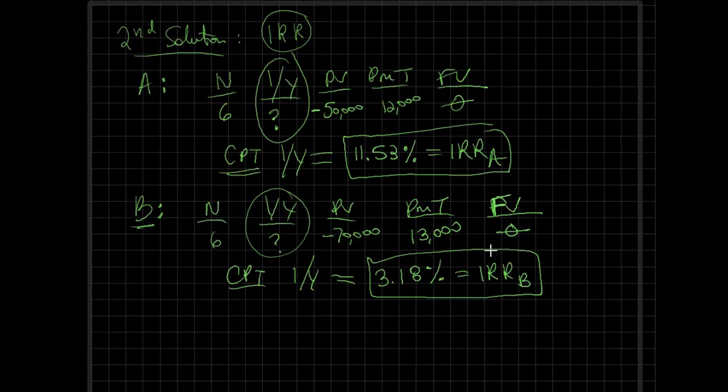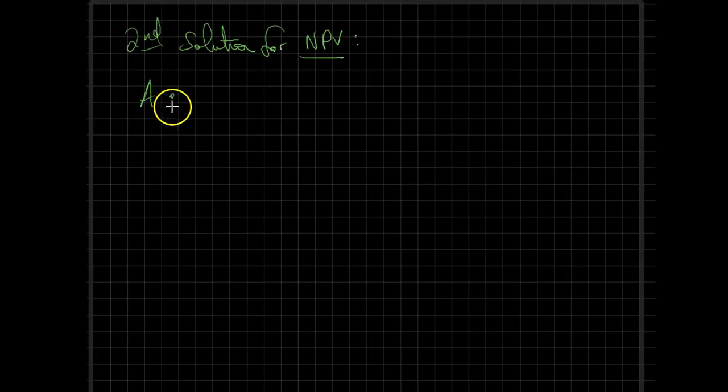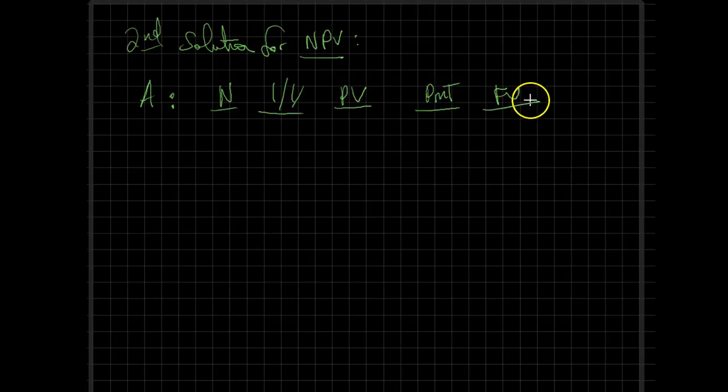In a similar fashion, you could have calculated the present value. So let me go ahead and create a new page and show you the solution in the case of net present value using your calculator again. So second solution for NPV. All we do is, for the first project again, we use N, I over Y, PV, payment, and FV keys.